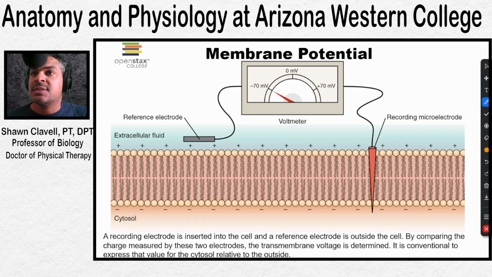The standard is that we measure the inside of the cell in reference to the outside. So the outside of the cell is always going to be our reference number, or 0, right? It's going to have a reference of 0. And then the inside of the cell is going to have a charge somewhere in the range of -60 to -90 millivolts, right?